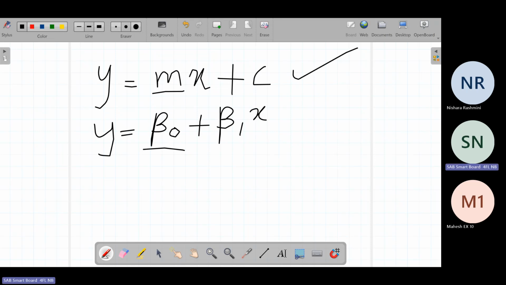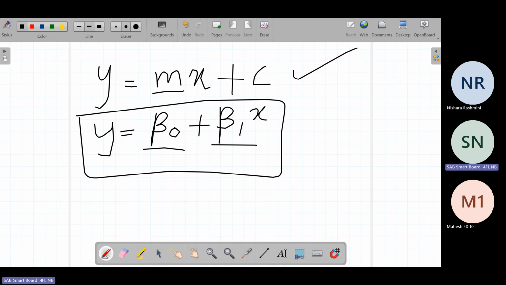Slope. Okay. Then here slope represents what? Beta 1. Understood? Then this is our simple regression model. Y equal beta naught plus beta 1 x. Understood? Beta naught is intercept, beta 1 is slope.